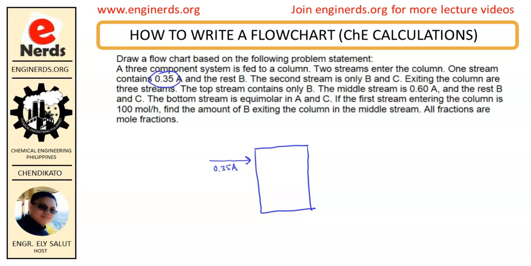So, for example, ang given natin dito is yung component A. So, ang mole fraction ng component A is equal to the number of moles of A over the total number of moles ng ating substance. Okay, so that's what we mean by the mole fraction. And we know guys that mole fraction is from 0 to 1, wherein 1 means there is 100% of that particular component sa ating stream.